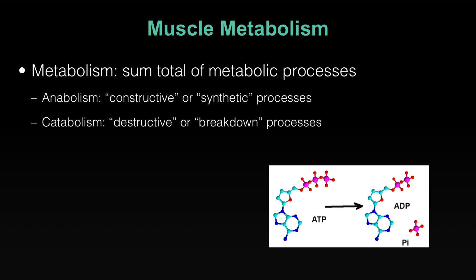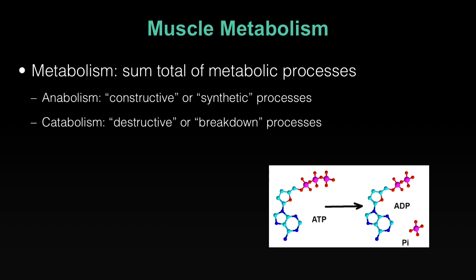You make more complex molecules. Like muscle protein, anabolic steroids, anabolic proteins, or anabolic processes build proteins. Catabolic processes, on the other hand, are destructive or degrading processes where those complex molecules are broken down. A lot of what we're focusing on are catabolic processes.